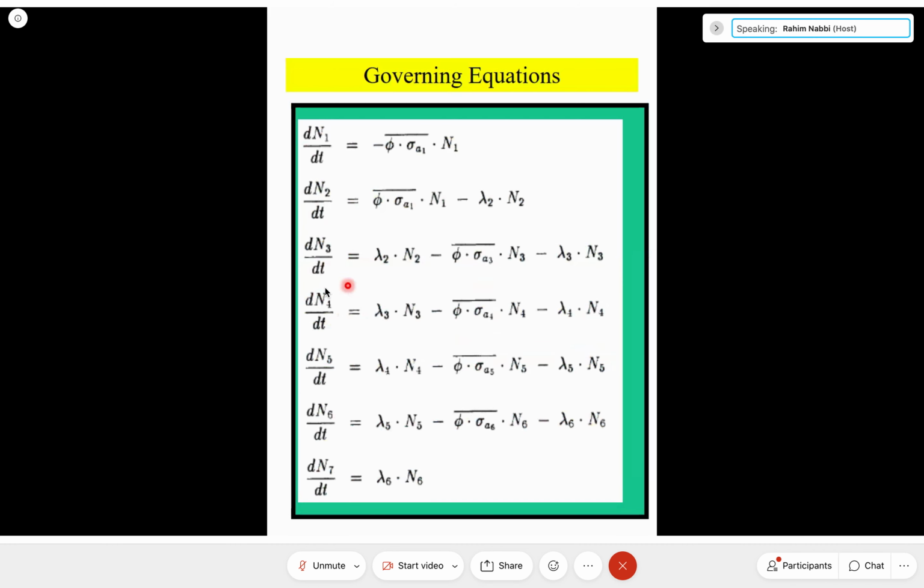And for this reason, in general, the equation can be written in this form. That means first starting nuclide, second one, third one, fourth one, and so on. And we should take into account that every one depends on the nuclide before, not as a result at every time step.